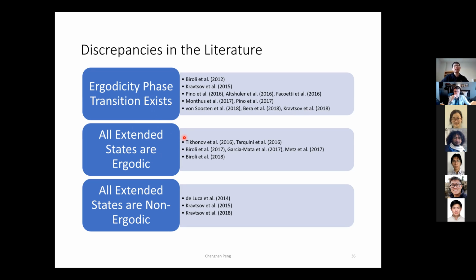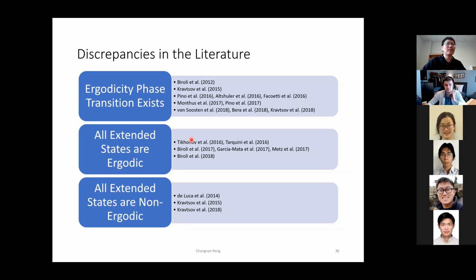We've previously seen the inverse participation ratio, the IPR. There are other indicators such as the level spacing statistics and other things. So people use different methods and get different results. So I think there's still no final conclusion on whether this still happens in this Anderson localization on the Bethe lattice.